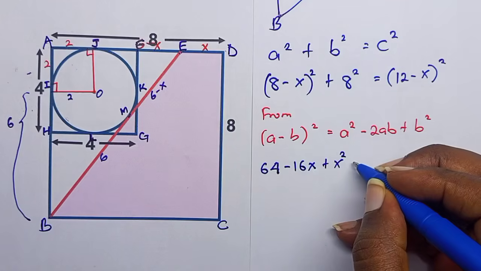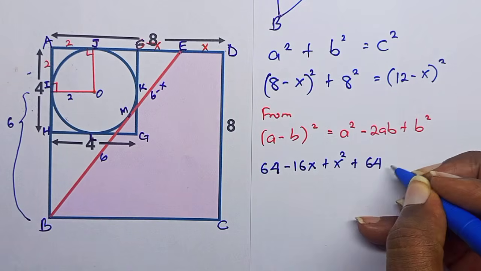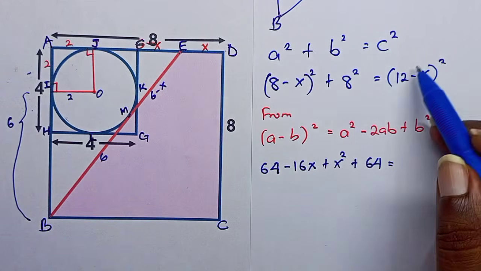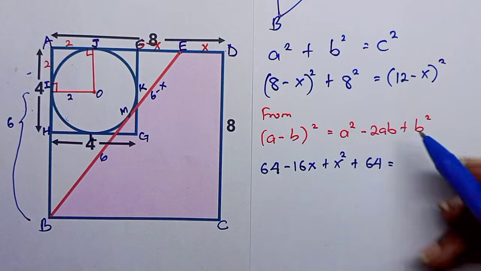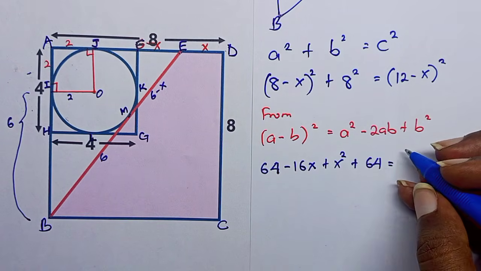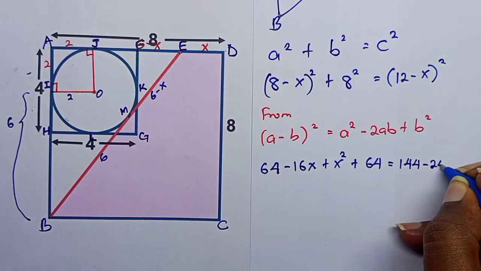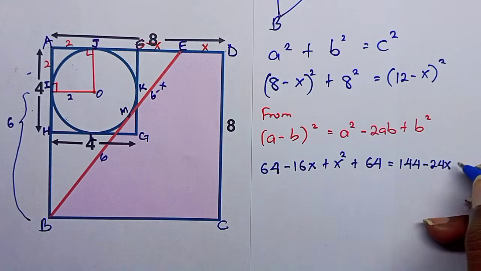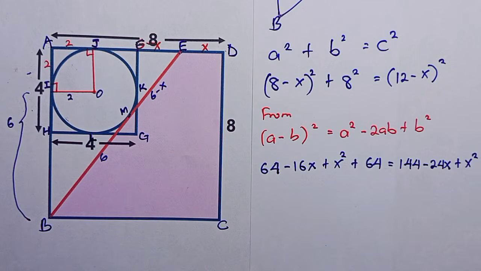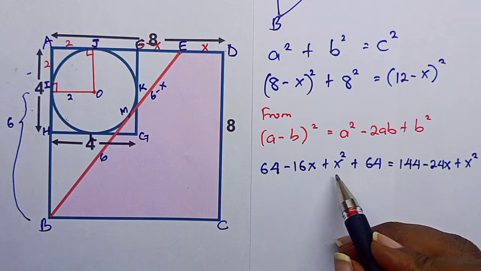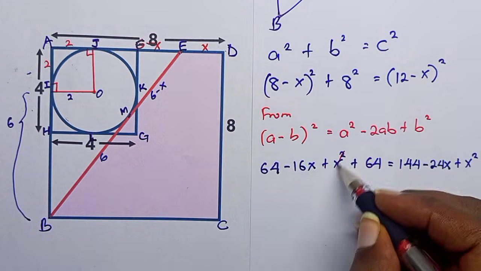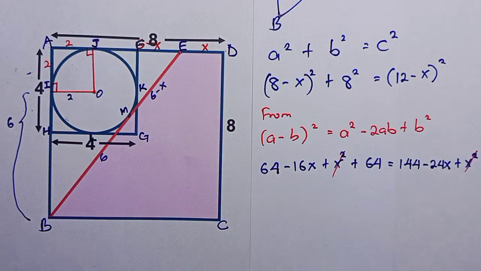Then 8 squared is 64, so plus 64 is equal to, when you expand this in the same form, 144 minus 24x, then plus x squared. As you can see, we have x squared on the other side and x squared on the other side, so they cancel out.